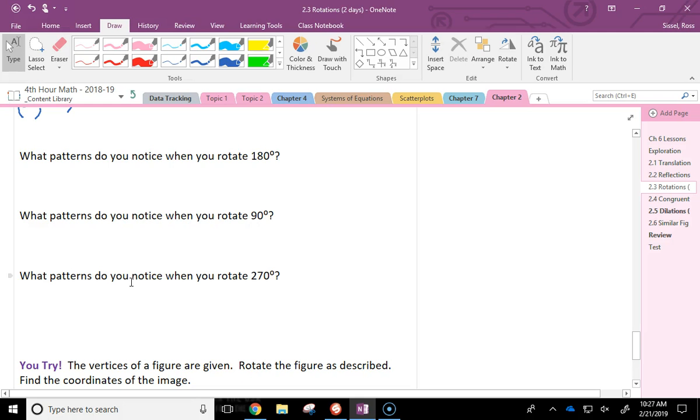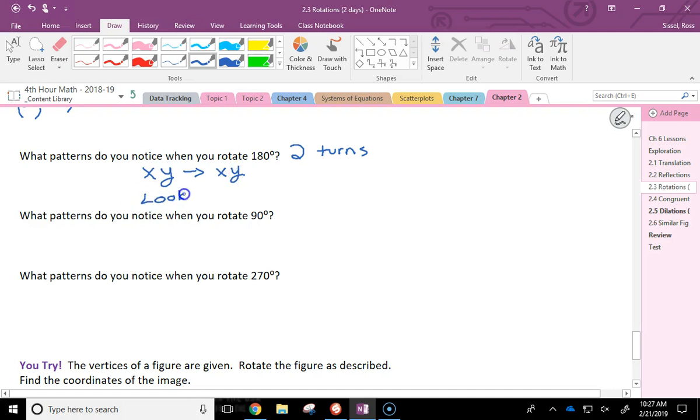What patterns do you notice when you rotate 180 degrees? Remember, that is our 2 turns. When we did our 2 turns, x and y stayed the same. We did not flip the numbers. So I'm just going to say x, y stayed as x, y.